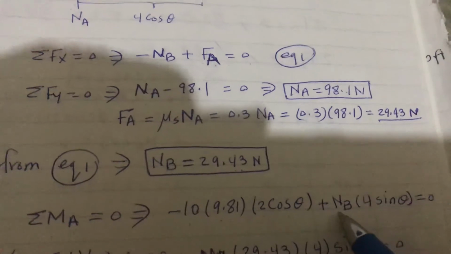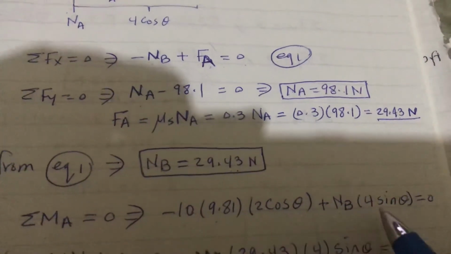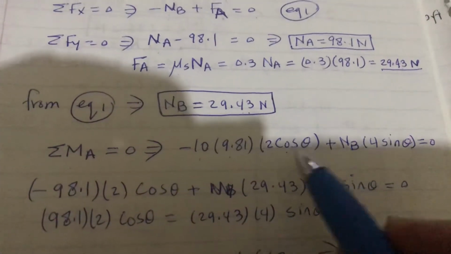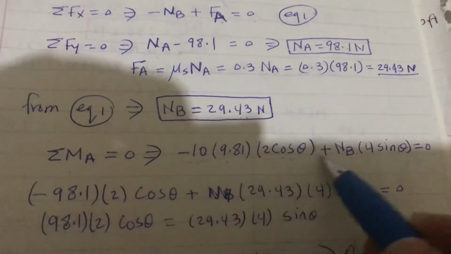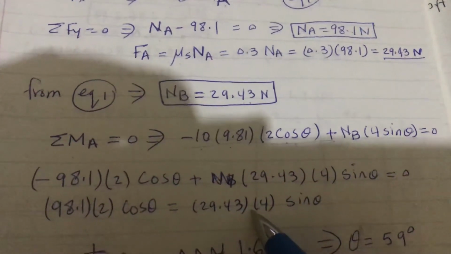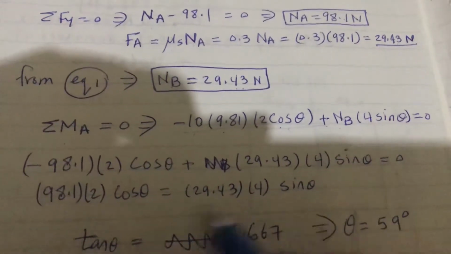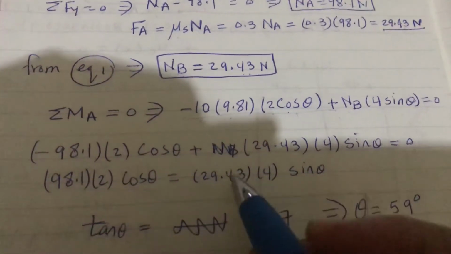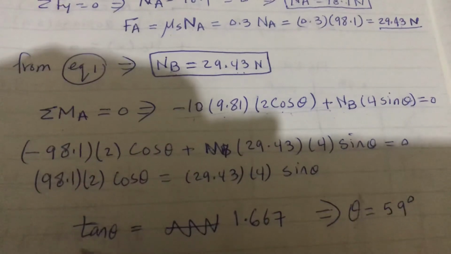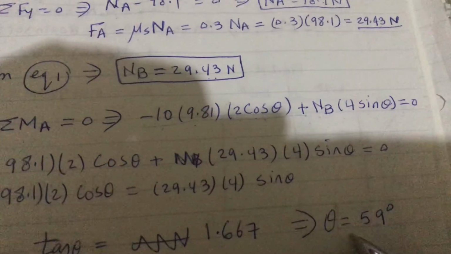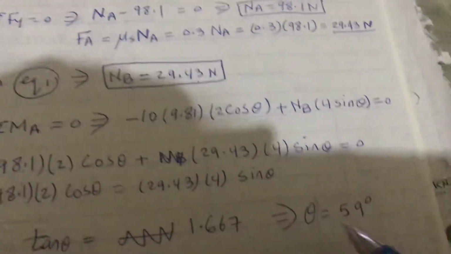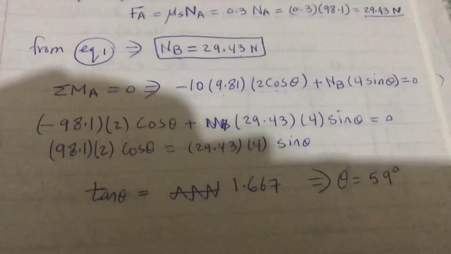So this is known. The only unknown is sine theta and cosine theta. You could play with this equation. Take this side to the other side to make it plus. Then you divide sine over cosine, you'll have tan theta, and you put this on top of this, you'll get 1.667. So what's tan inverse of this? Theta is equal to 59. So that's what was needed. He needed the normal force at point B, and he needed the angle, 59. That's the answer to this question.